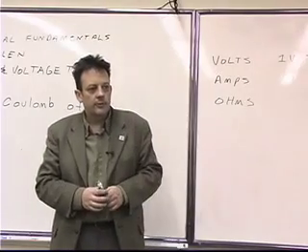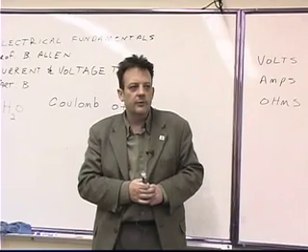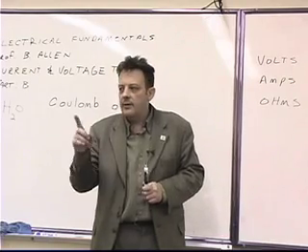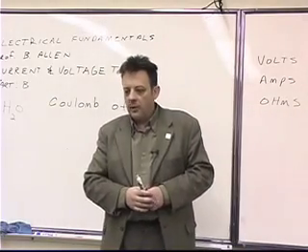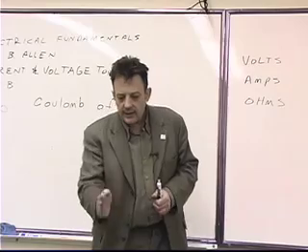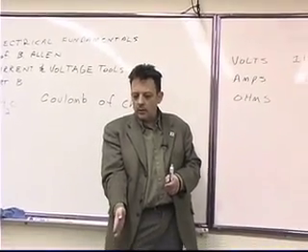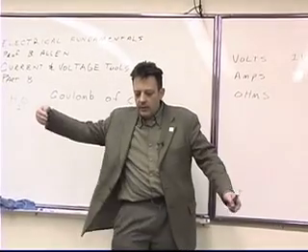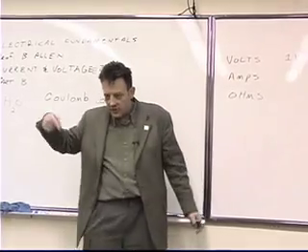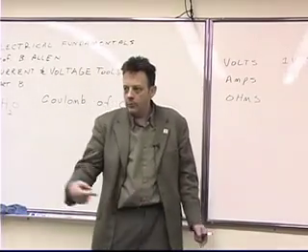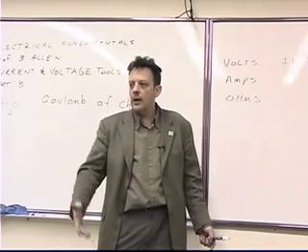Which electrons are those? Valence electrons. So we have valence electrons flowing through the wire. But let's say that we were to take a snapshot of a piece of wire that was carrying 600 amps. So we knew that there was 600 amps flowing through that wire. How did we know that? We had a Hall effect clamp-on meter.